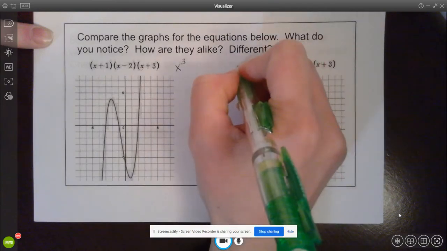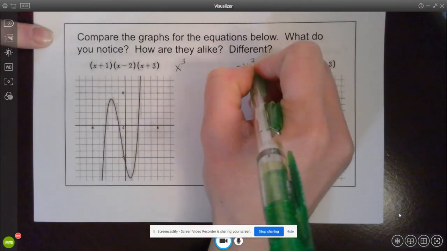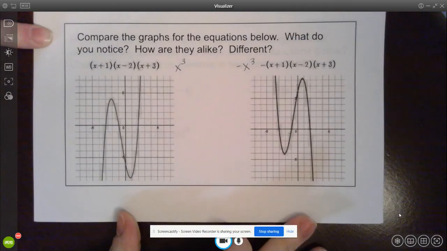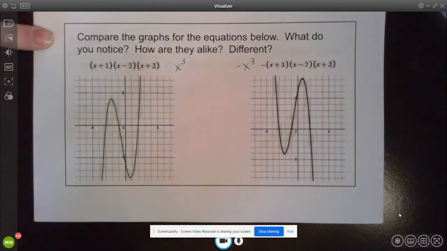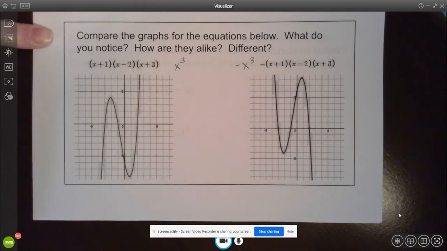This leading coefficient would be -x cubed. So one way that they are different is one has a positive leading coefficient, the other has a negative leading coefficient. Some similarities though, they are both cubic functions.